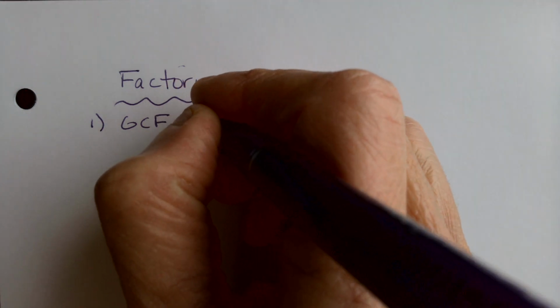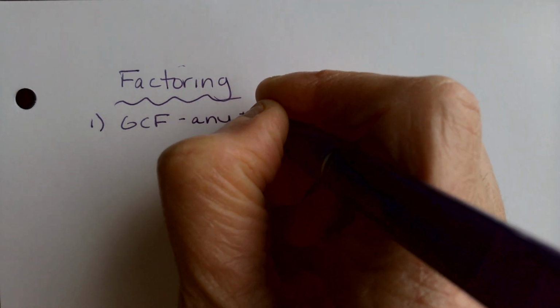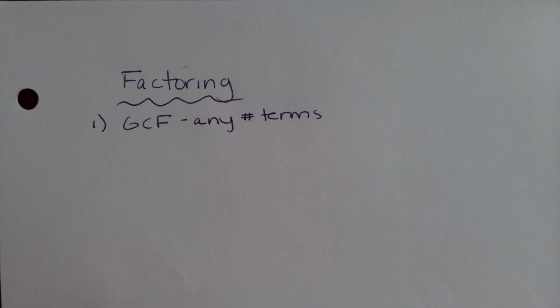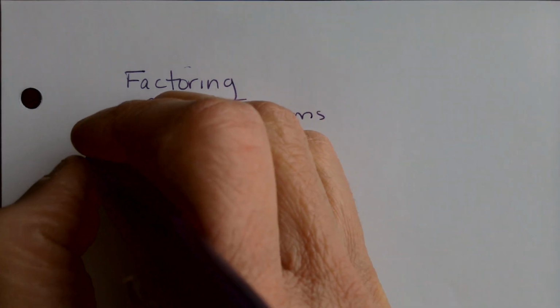Doesn't mean you're done after you do that. It makes the problem inside the parentheses simpler to look at and see if you can do more with it. So how many terms can you use GCF for? Any number of terms. You could use GCF on 2, on 4, on 3. It doesn't matter. You can always see if there's a GCF.